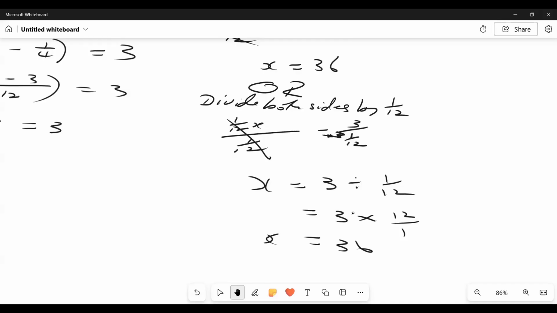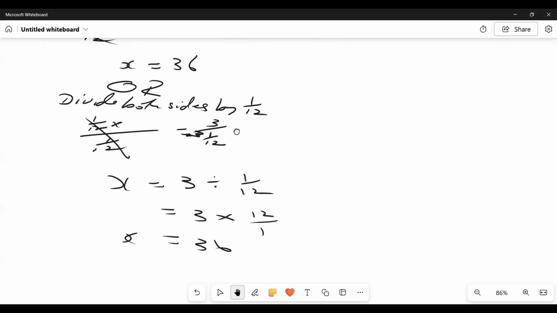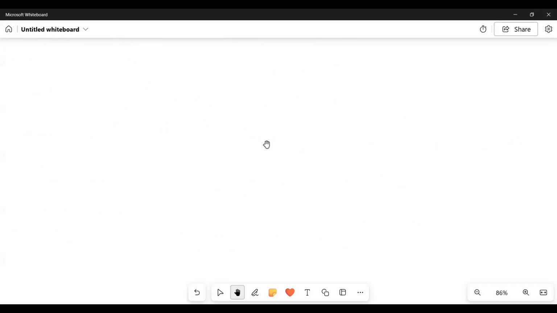Good. So let's touch a little bit on something called simple inequalities, right? How do we handle those now?